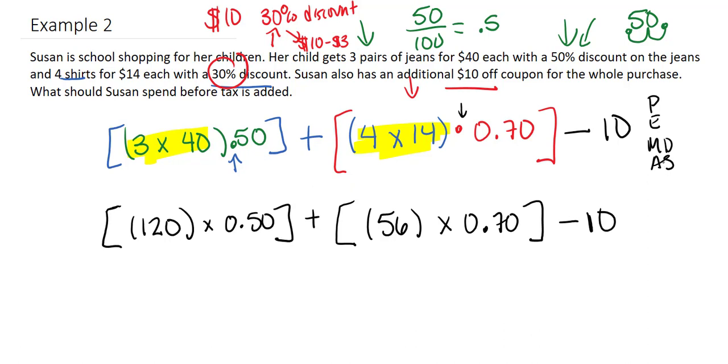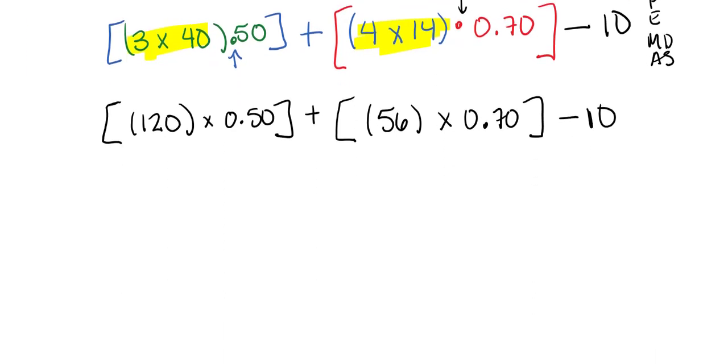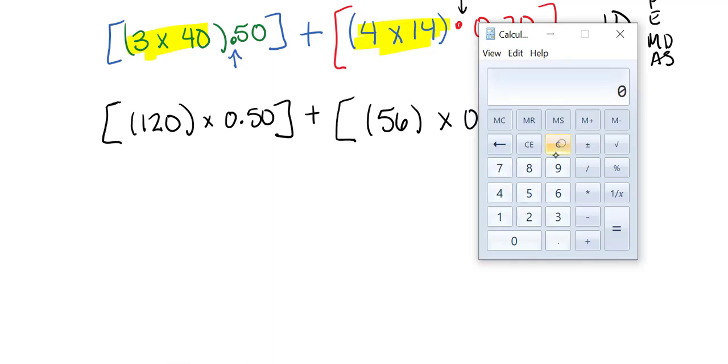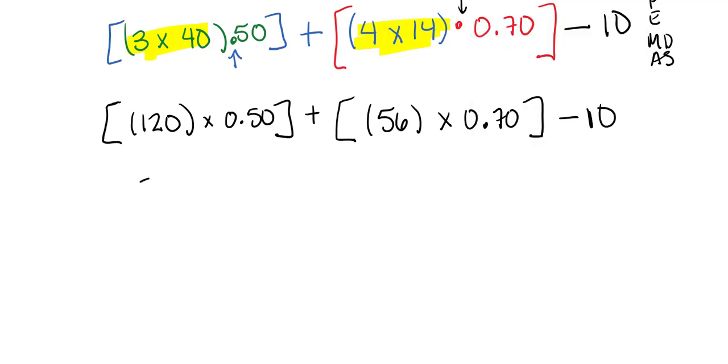So now we keep going. When we keep looking inside the parentheses, we notice we have multiplication, so we need to solve for both of these. We have 120 times 0.50, so essentially it's just 1/2, which would be 60.